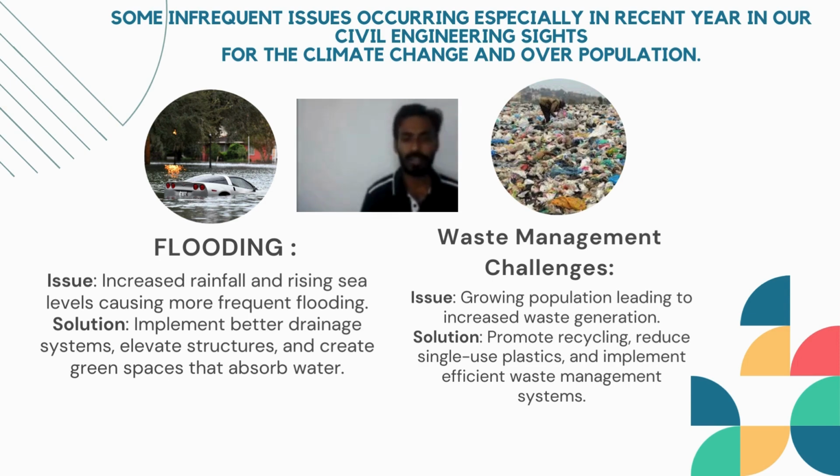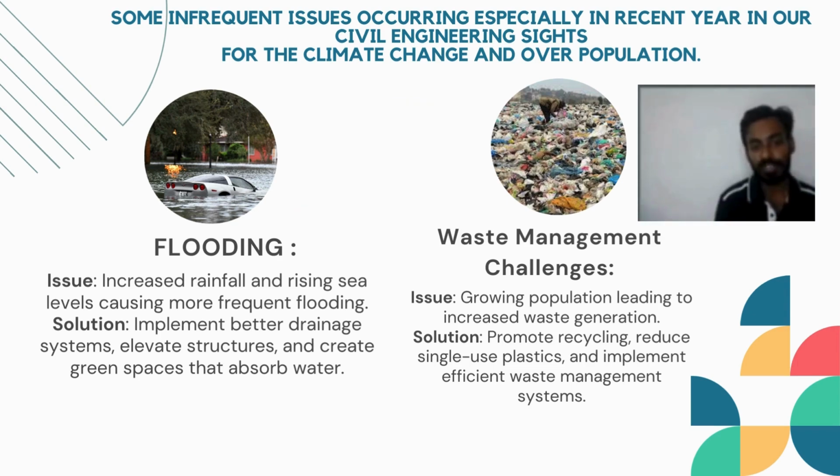Now I will summarize this briefly. The main problem is flooding due to climate change. The issue is increased rainfall and rising sea levels causing more frequent flooding. There is a solution. Implement better drainage systems, elevate structures, and create green spaces that absorb water.